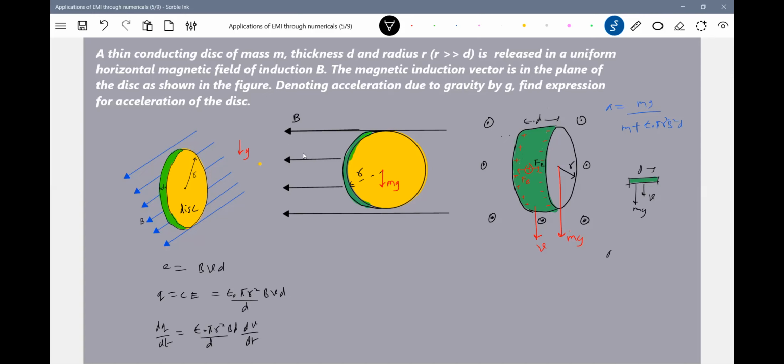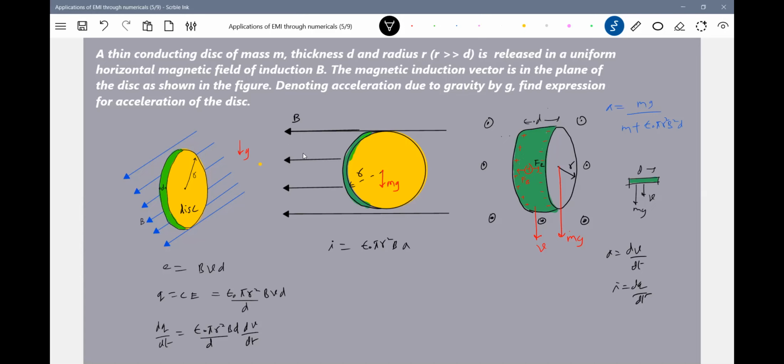So what is dv by dt? Acceleration is equal to dv by dt. So dq by dt is nothing but I, no? Therefore this I is equal to epsilon naught pi r square B a. Both the d's will cancel out. Okay, this will be acceleration.